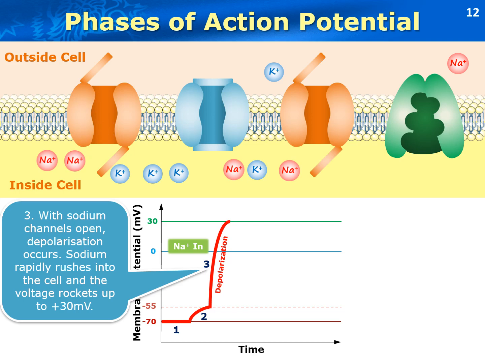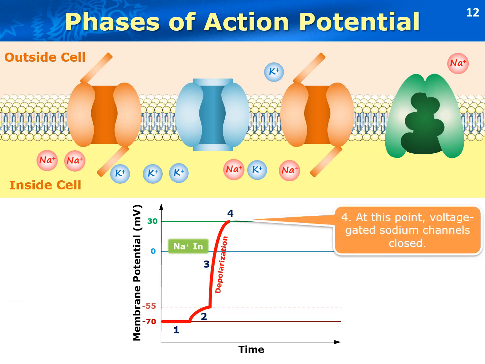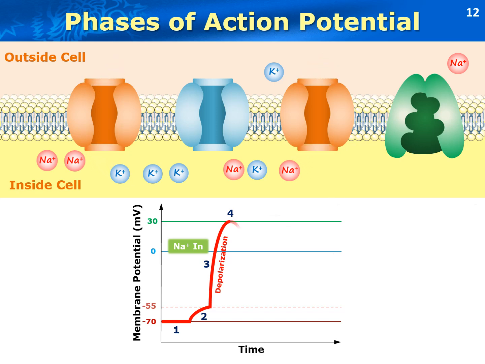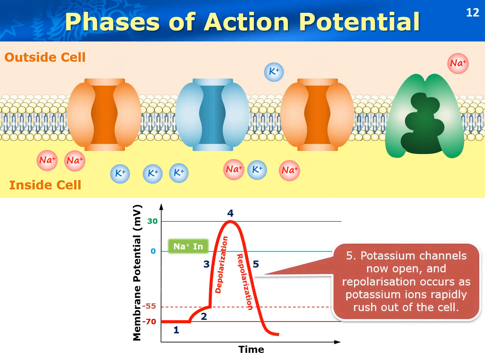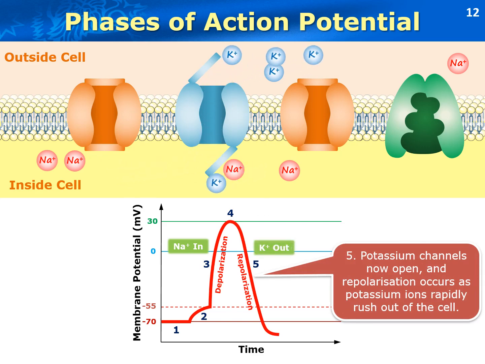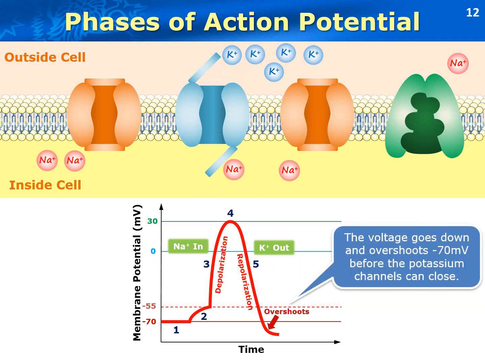At this point, voltage-gated sodium channels close. Potassium channels now open, and repolarization occurs, as potassium ions rapidly rush out of the cell. Then the voltage goes down and overshoots minus 70 millivolts before the potassium channels can close.